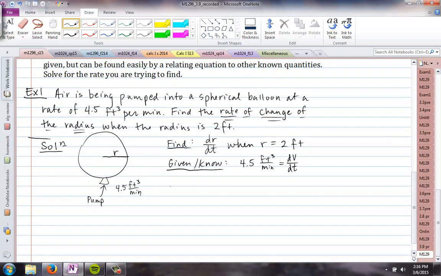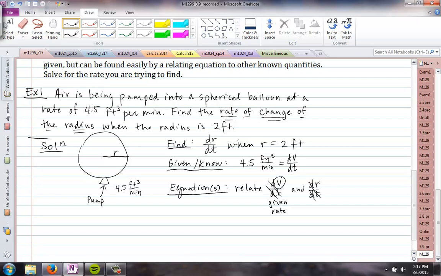So I think we have enough to move on to the next step, which is find an equation or equations, and they need to relate our dV, where we look at the rates stripped down without the rate part, and so we need to relate V, which was a given rate, and also what we're trying to find stripped down of its rates.